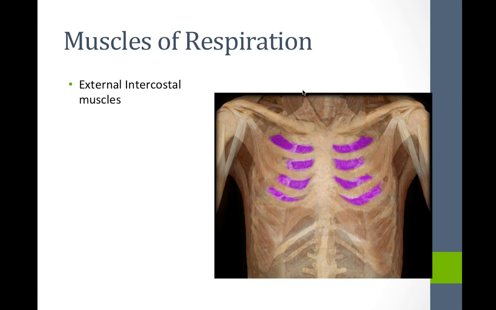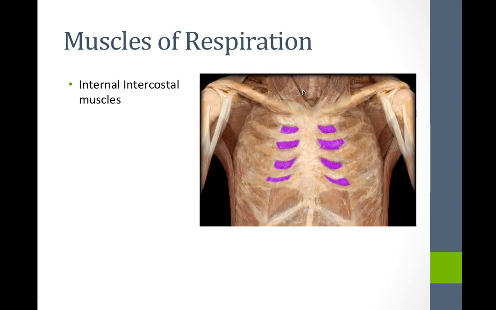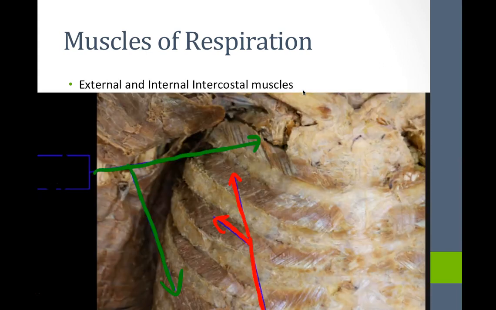These are just some cadaveric images taken from APR of your external intercostal muscles, and here is a view of your internal intercostal muscles. And here are some other ones taken from Blue Link. These are great examples of your external intercostal muscles here pointed out in green, and you could see the opposite direction of fibers for your internal intercostal muscles over here in the red.